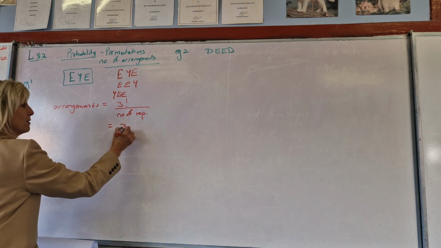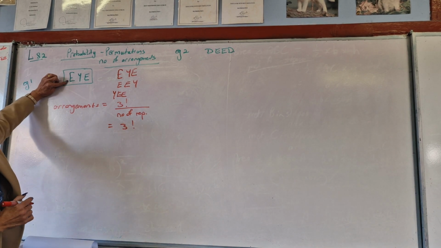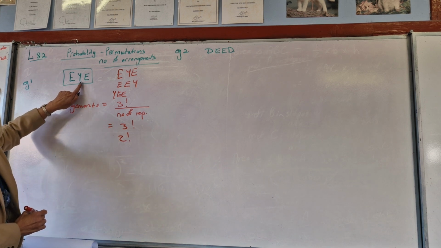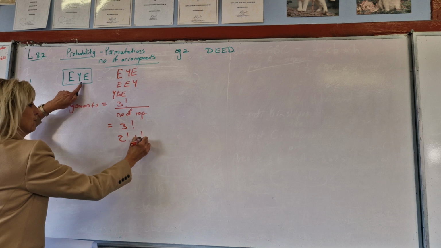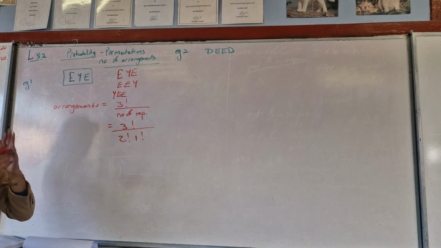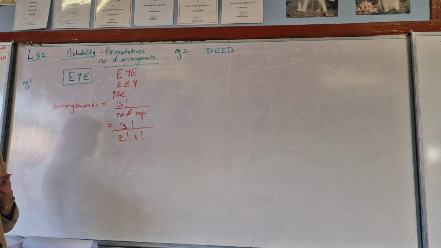So if you say 3 factorial, and you look at, for instance, the E, there are 2 of them. The Y, there's only one. Now, you can write that there, you don't have to, but if you do, you also understand that you're checking everything. For the E's, there are 2, for the Y's, there's just 1.